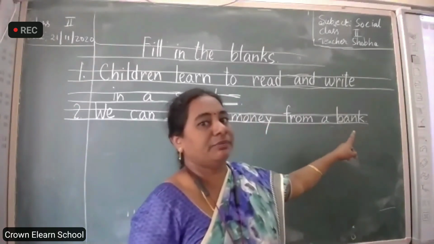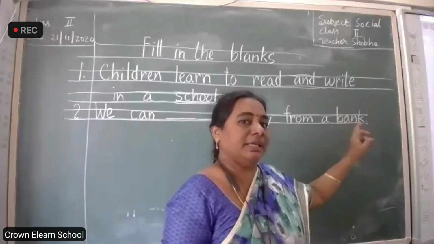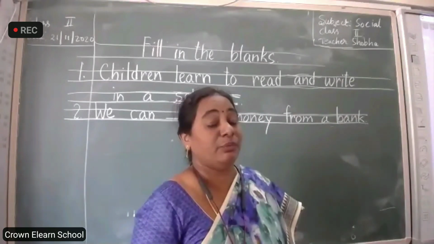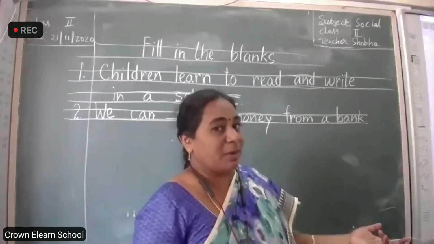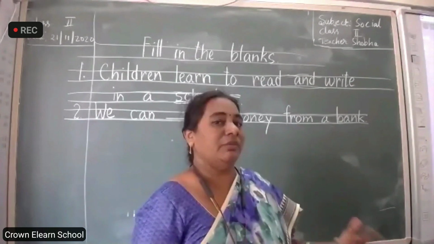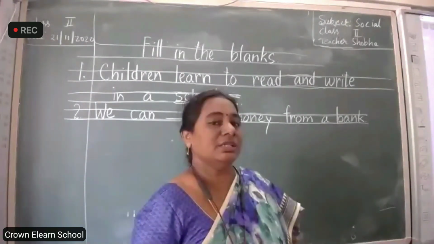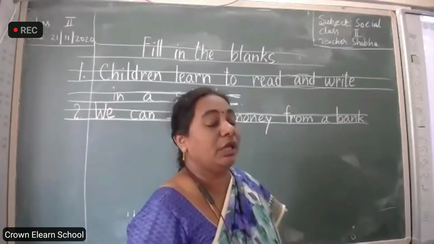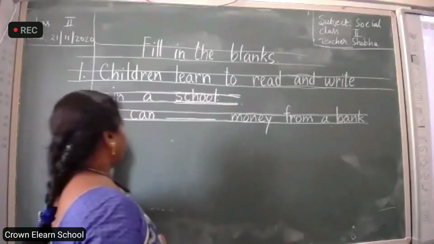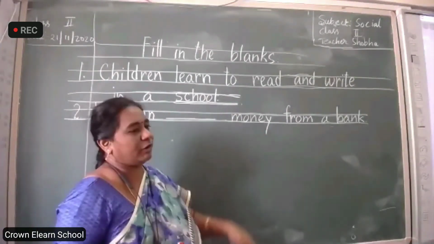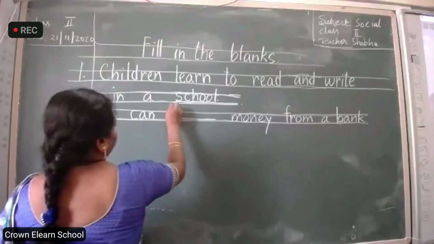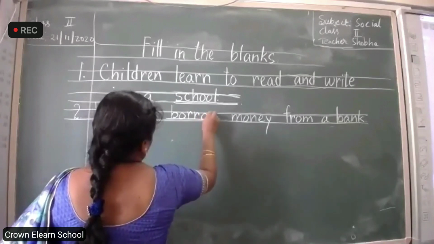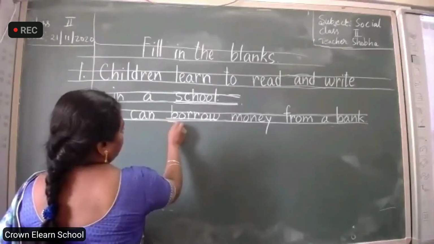So bank is one of the services. While explaining the lesson, I told you, bank is a financial institution where we deposit money. Also, when we need money and don't have sufficient money for our needs, what do we do? We borrow. So what is the answer? We can dash money from a bank: borrow. B-O-R-R-O-W, borrow. So this is the blank, children.